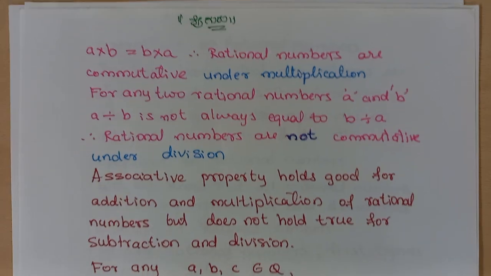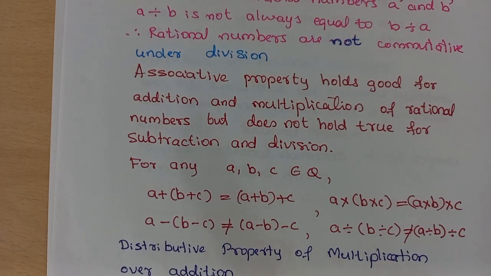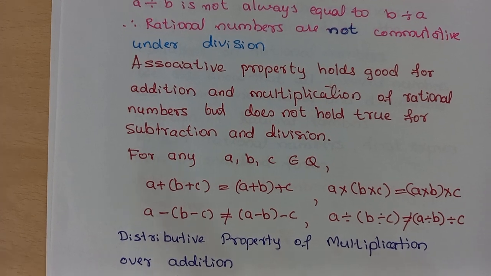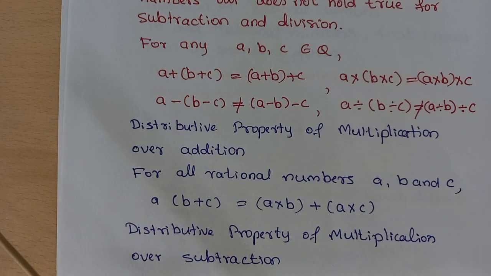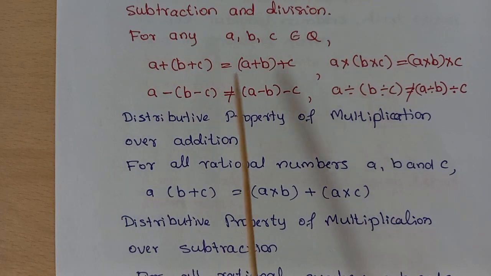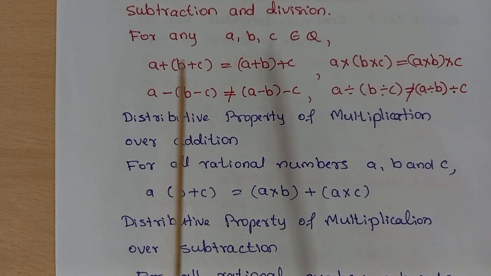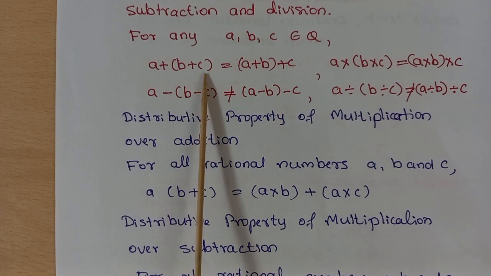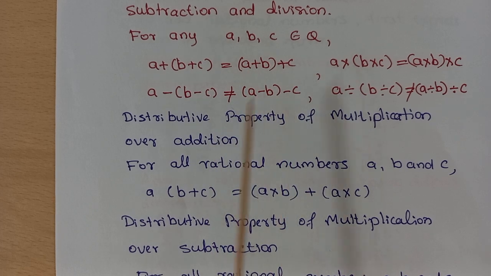And next, associative property holds good for addition and multiplication of rational numbers but does not hold true for subtraction and division. That is, for any a, b, c belonging to Q, which means for any rational numbers a, b, c, a plus in bracket b plus c is equal to in bracket a plus b, then plus c.